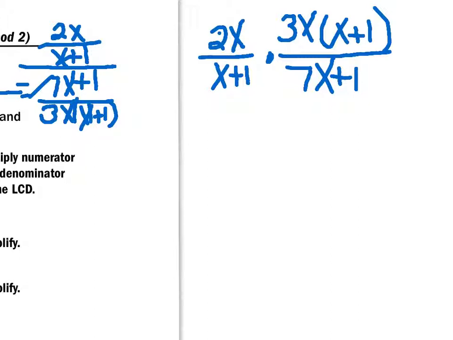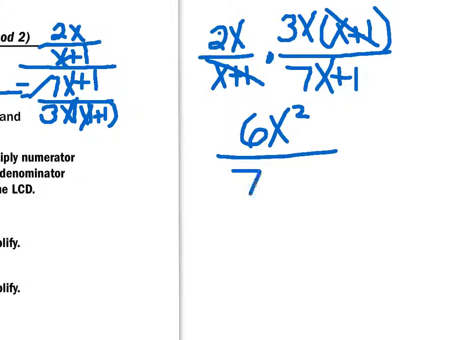Now, can I reduce anything? Yes, I can cross out the x plus 1 and x plus 1. Here, what does that leave me? 6x squared over 7x plus 1. A little long, but not all that complicated.